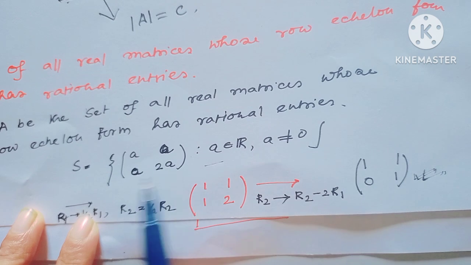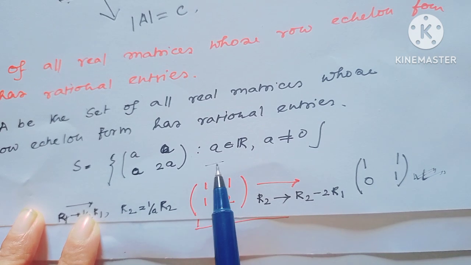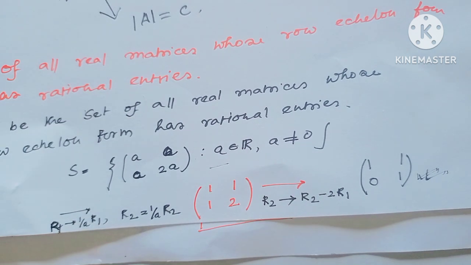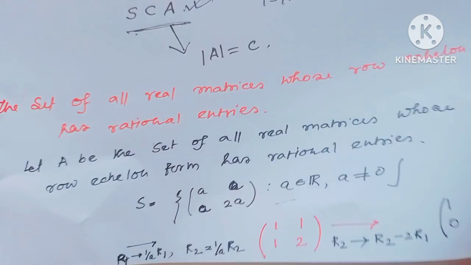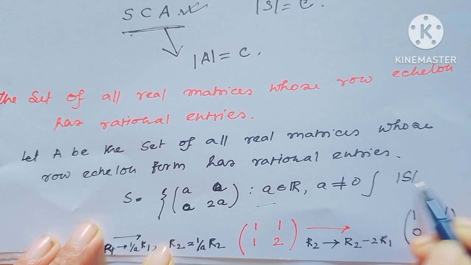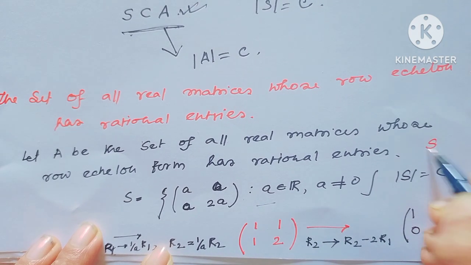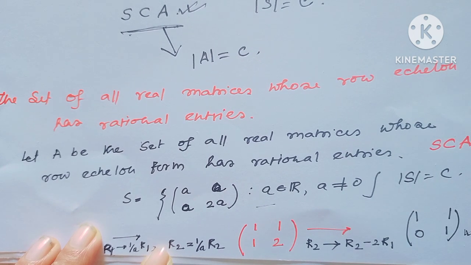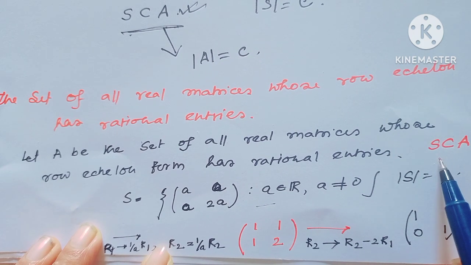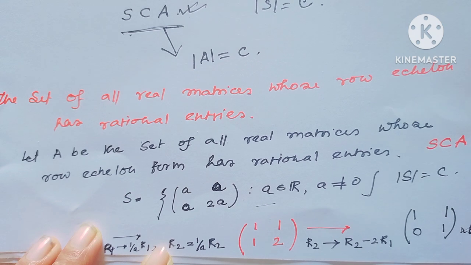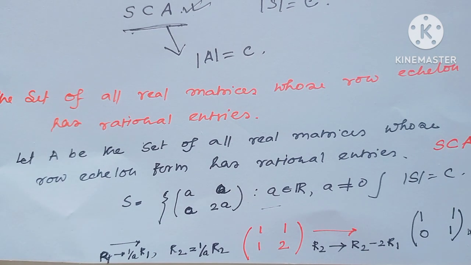Since S depends on the value of a, where a belongs to the real numbers and a is not equal to 0, the cardinality of the set S is the continuum C. Since S is contained in A and the cardinality of S is C, obviously A is uncountable, because A is the set of all real matrices whose row equivalent form has rational entries.